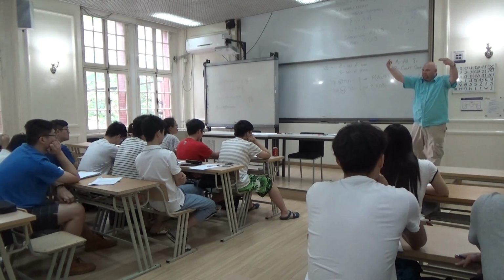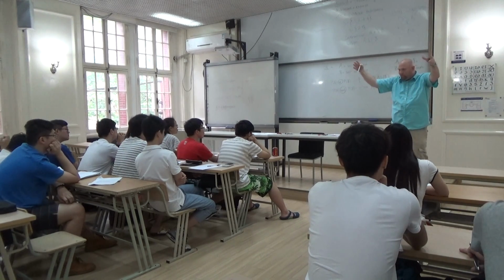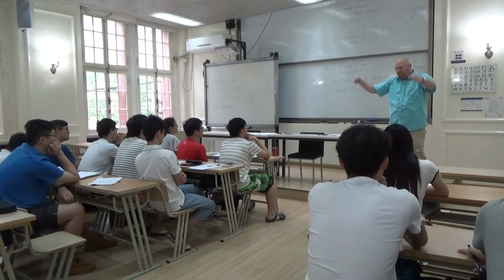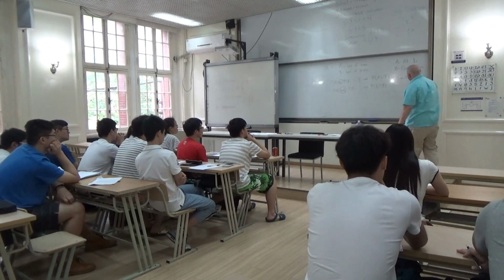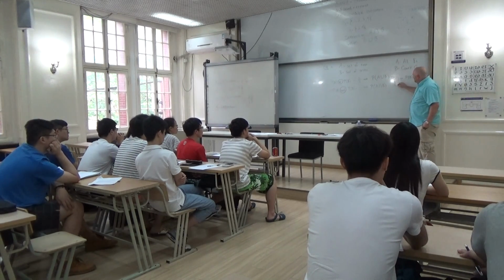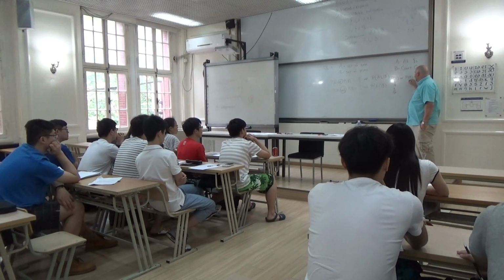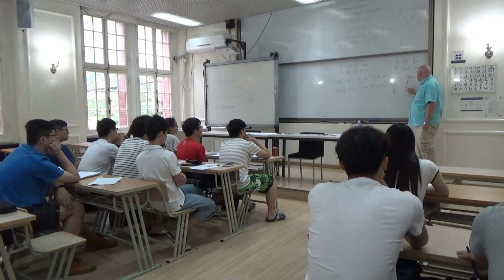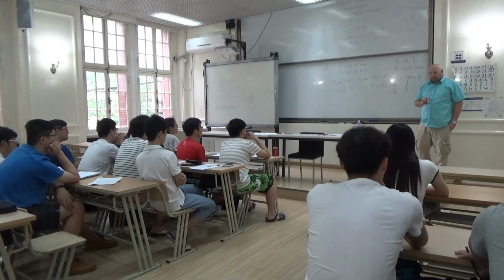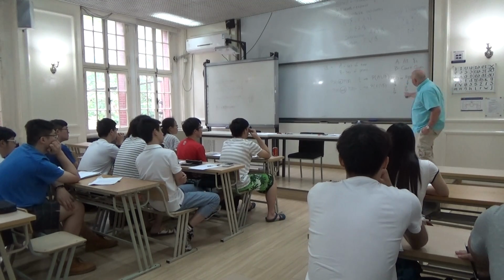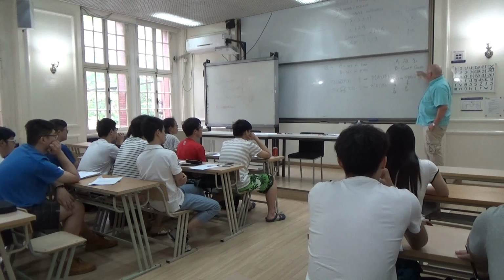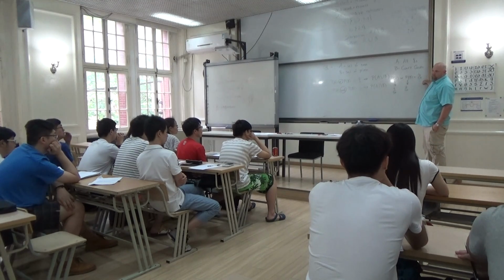So the top number is the desired outcomes, 4 and 12 is 16, and the bottom number is 52. The probability of A is 4 over 52, the probability of B is 12 over 52, and the probability of A or B is 16 over 52.